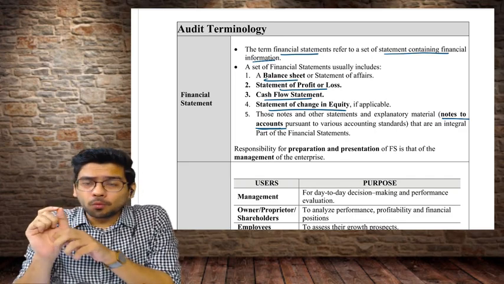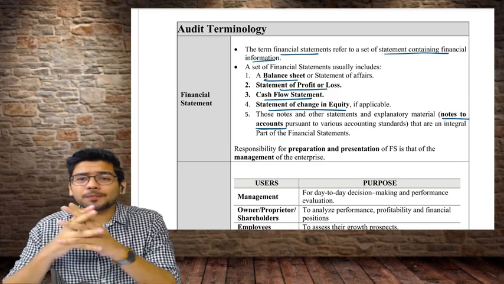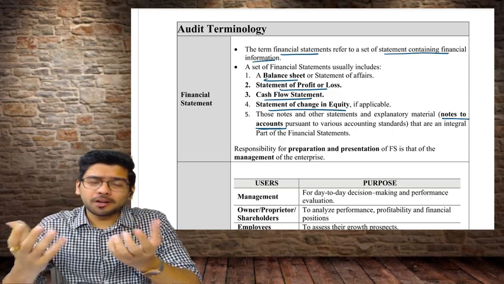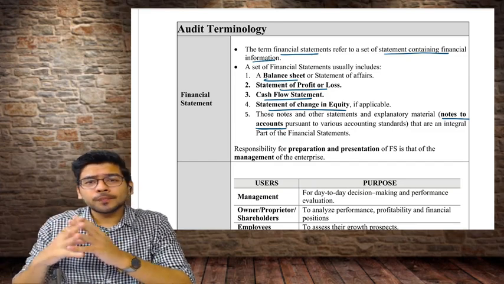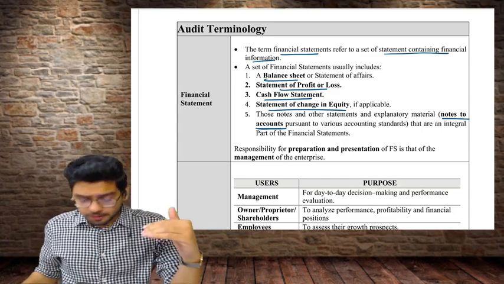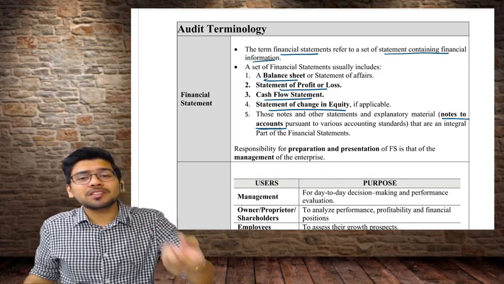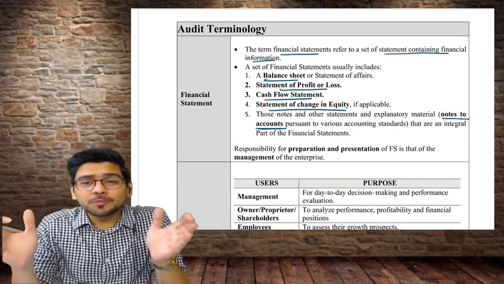Now, one important question I would like all of you to answer. We are going to learn auditing here, but you have to understand that the responsibility of preparation and presenting of the financial statement is not of the auditor. It is of the management of the entity.